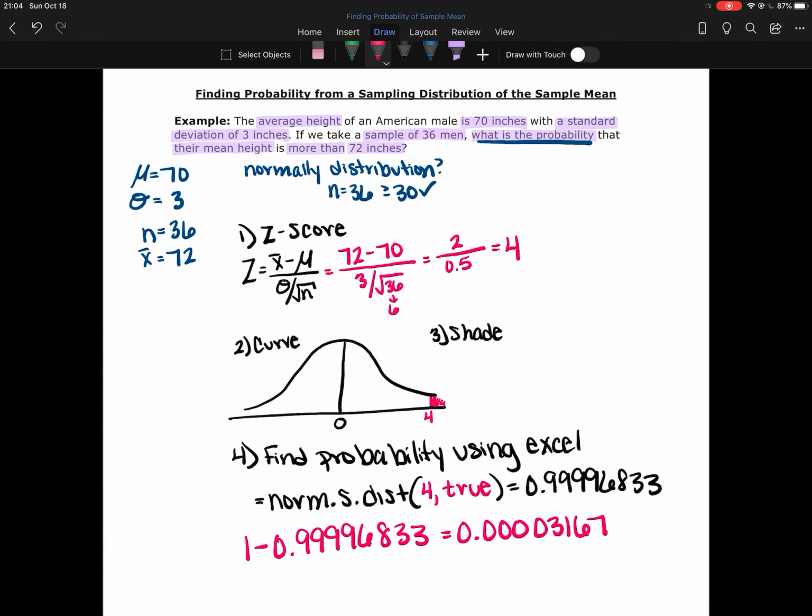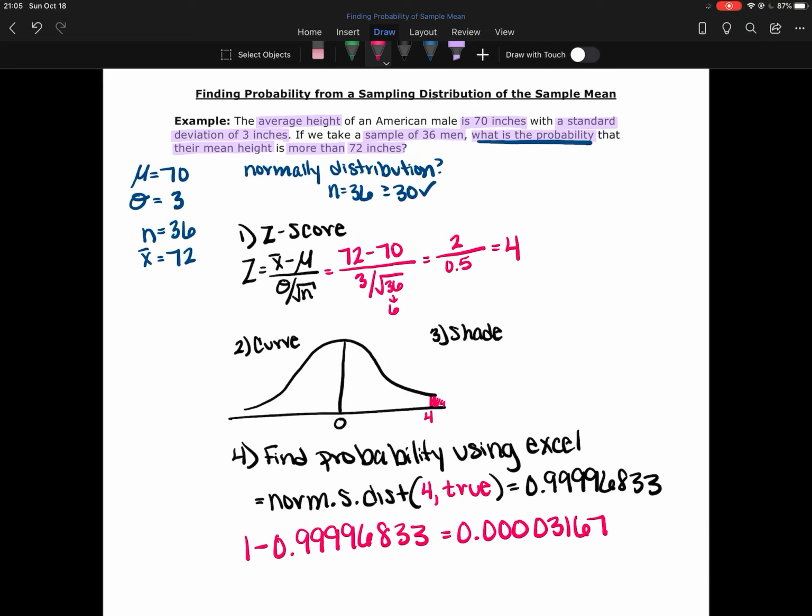When we look at this example, we have a sampling distribution. We're taking a sample of 36 people and looking at the probability that their mean height is more than 72, compared to what we were doing before, where I'm just picking out one individual person from the population. When we get into the process of calculating this probability, the only part that changed was the first step.